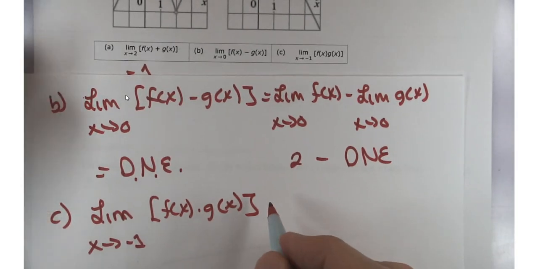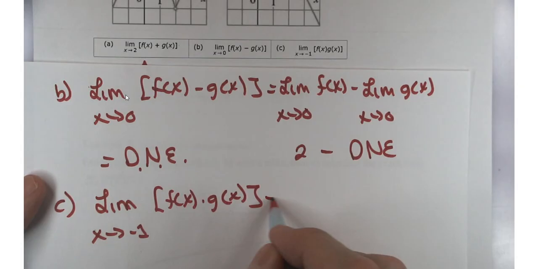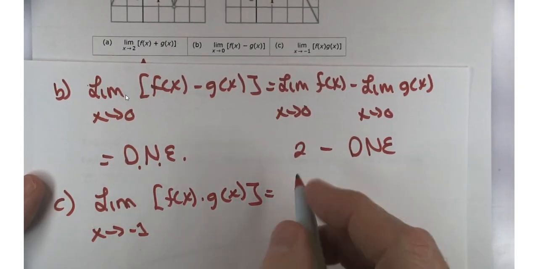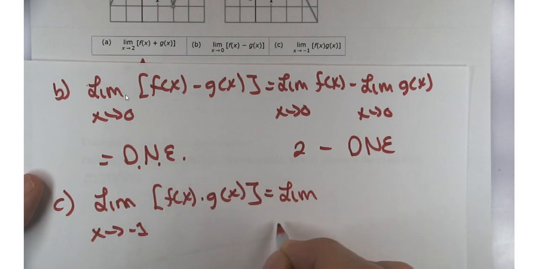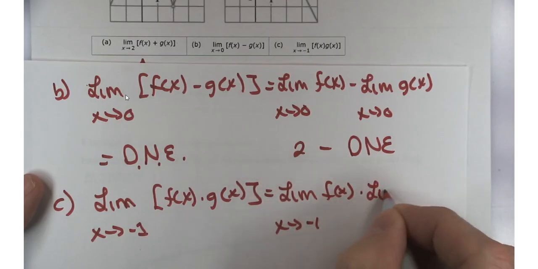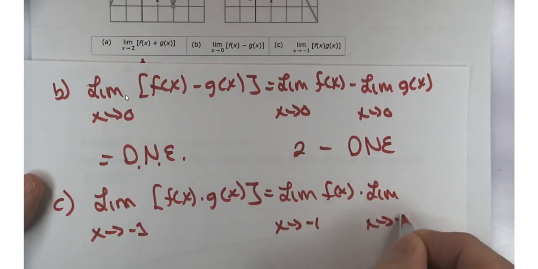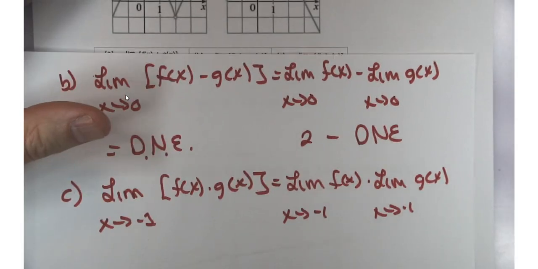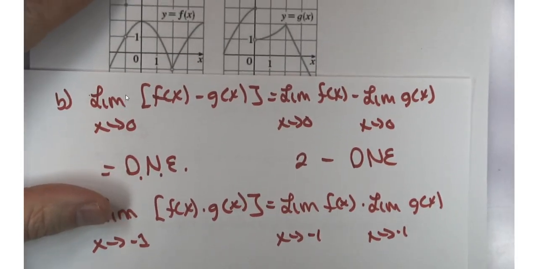What's your gut feeling telling you about this product? What do you think we're going to do? Yeah, you're going to multiply the limits. So it's going to be the limit as x approaches -1 of f of x times the limit as x approaches -1 of g of x. So again, we want to keep an eye on these functions.